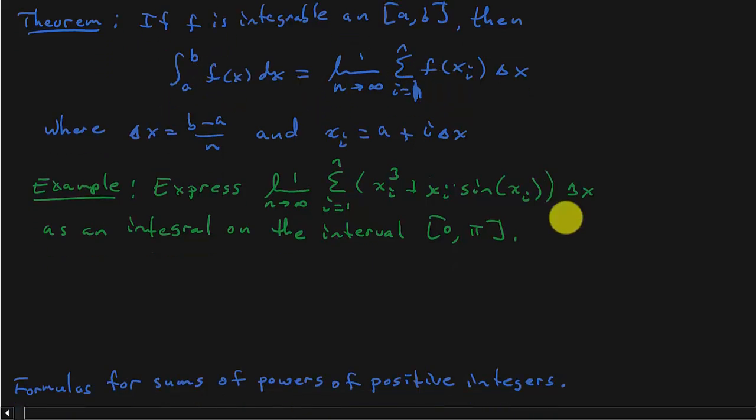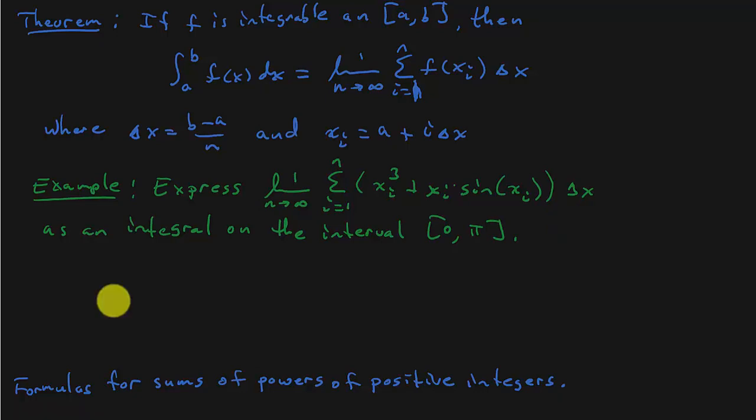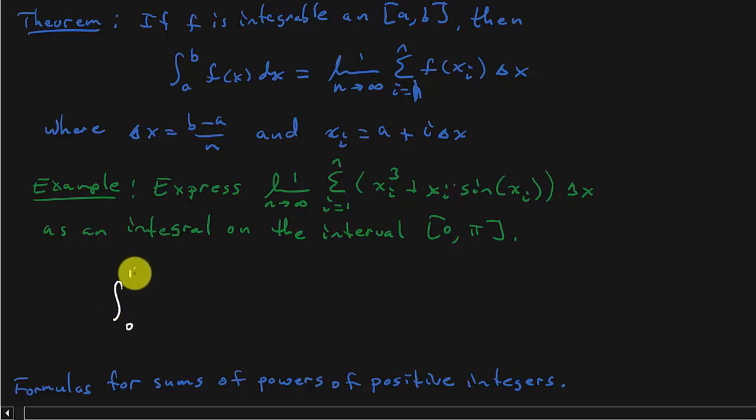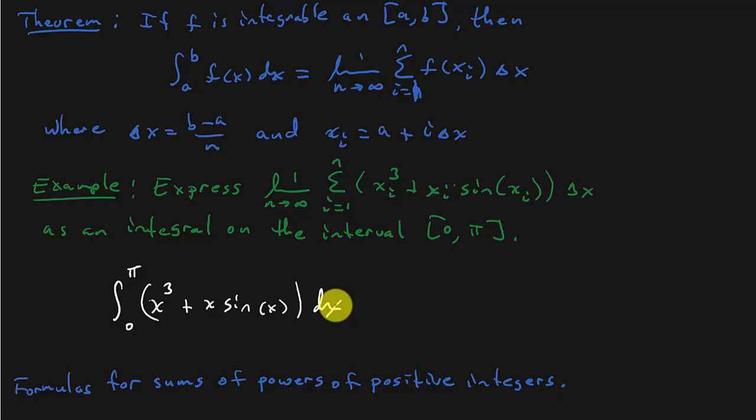And so all that is, the integral from 0 to pi, and our function f of x is x cubed plus x sine x, dx. And that's all they're wanting there. So it's a simple problem. It's not bad at all. And this is what they're wanting.